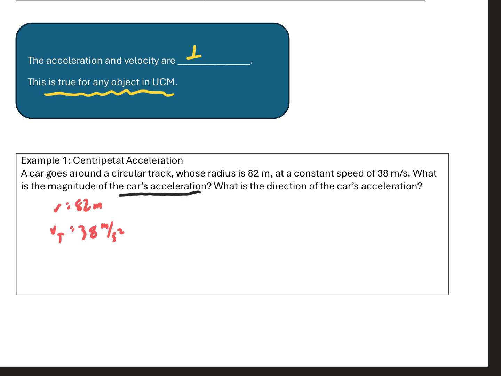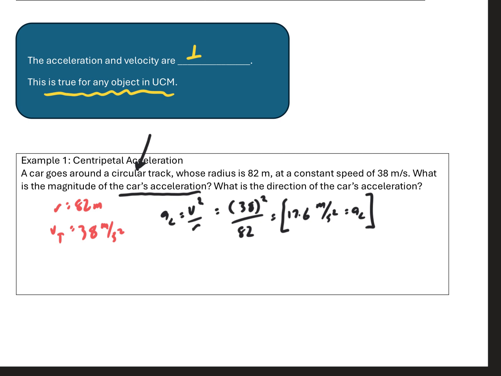Since it's moving in a circular track, we know we have to use centripetal acceleration, v squared over r. So we have the velocity of 38, the radius of 82. So we should get a value of about 17.6 meters per second squared for the centripetal acceleration.